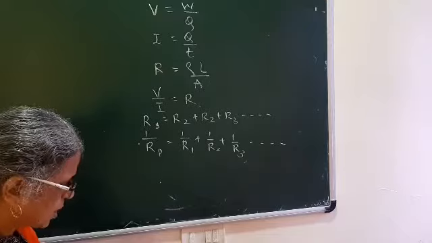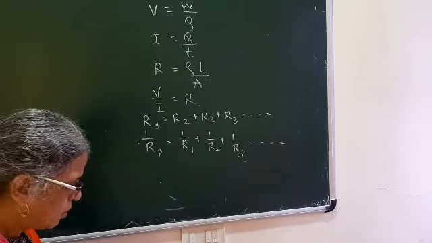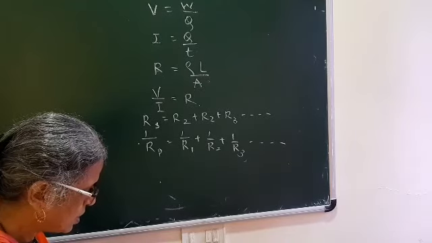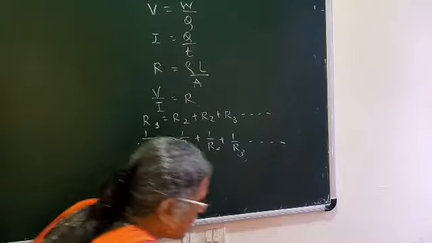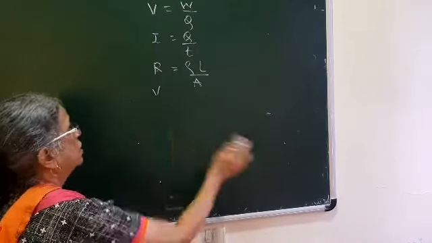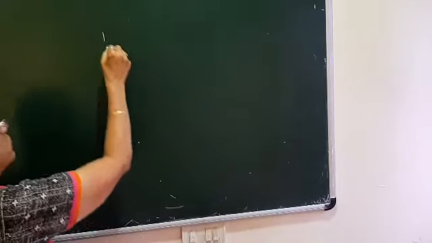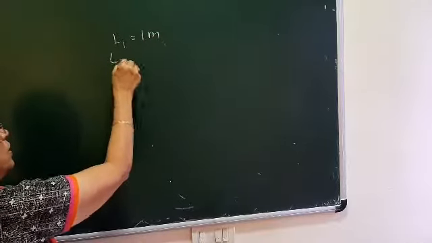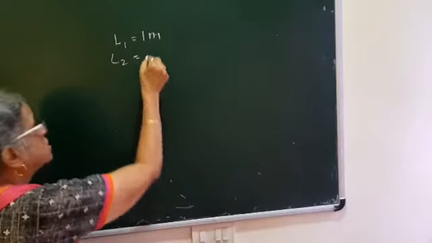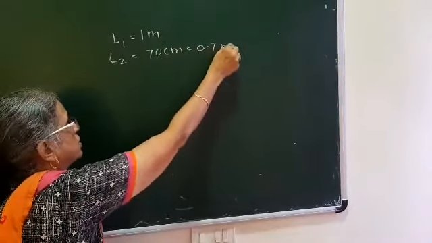So first one, the resistance of a 1 meter long nichrome wire is 6 ohm. If we reduce the length of the wire to 70 centimeter, what will be the resistance? So here suppose we have L1 is 1 meter. You remember all these formulae, take them down in your notebook. L2 is equal to 70 centimeter, so we have to convert that into meter, 0.7 meter.